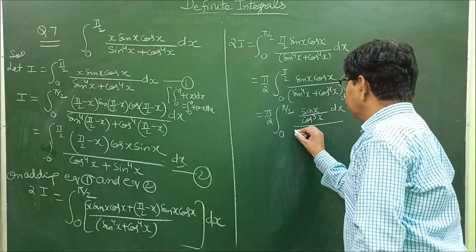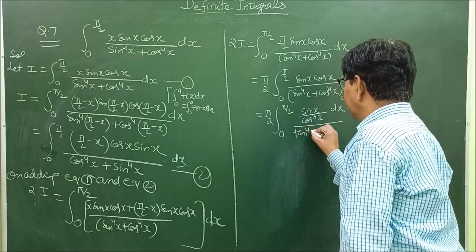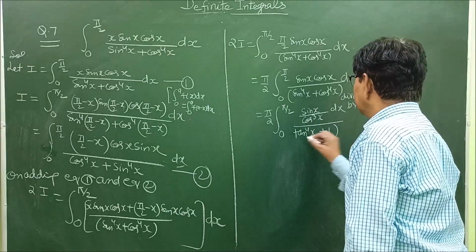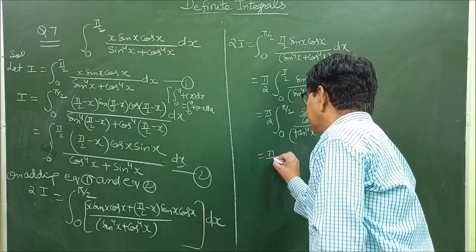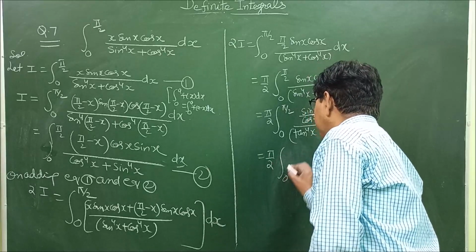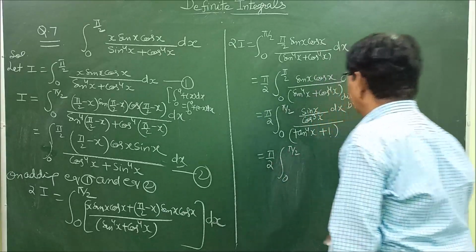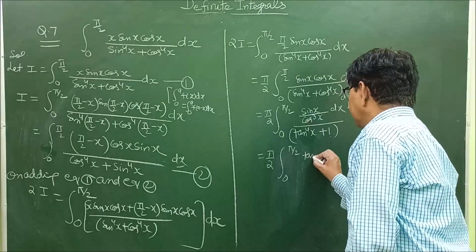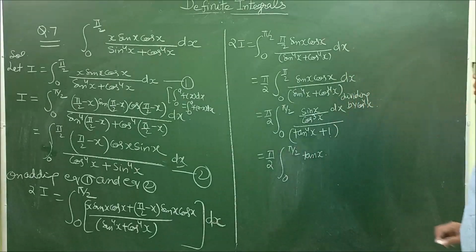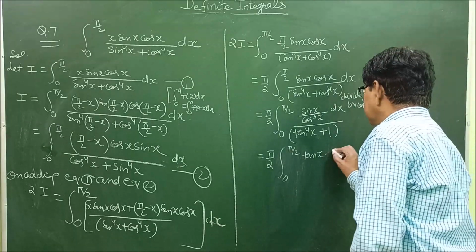Here we have tan 4x plus 1, and on further simplification we can write this is equal to pi upon 2, 0 to pi upon 2, tan x into sec square x.